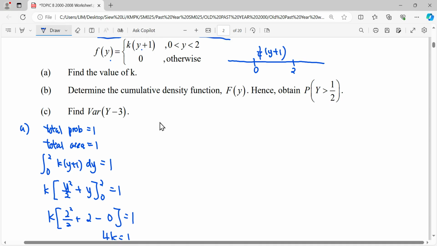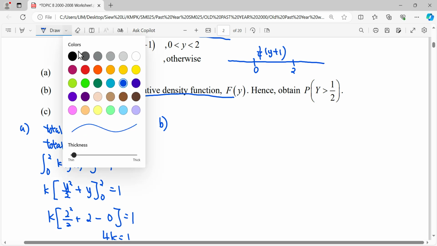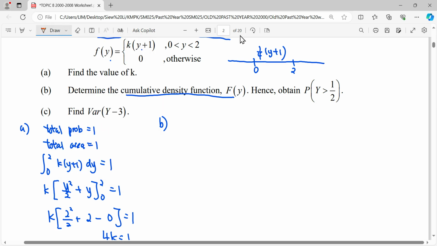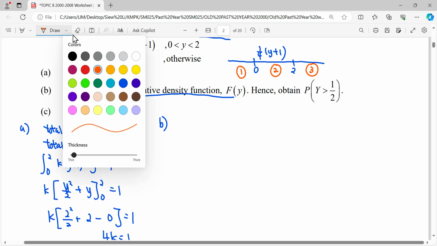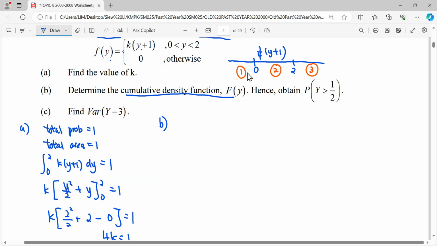Then we continue for question B to find the cumulative distribution function capital F. We are having the first step, second step, third step. The first step happens before interval 0, so not x, y will be less than or equal to 0, because the interval in the middle is y between 0 and 2.